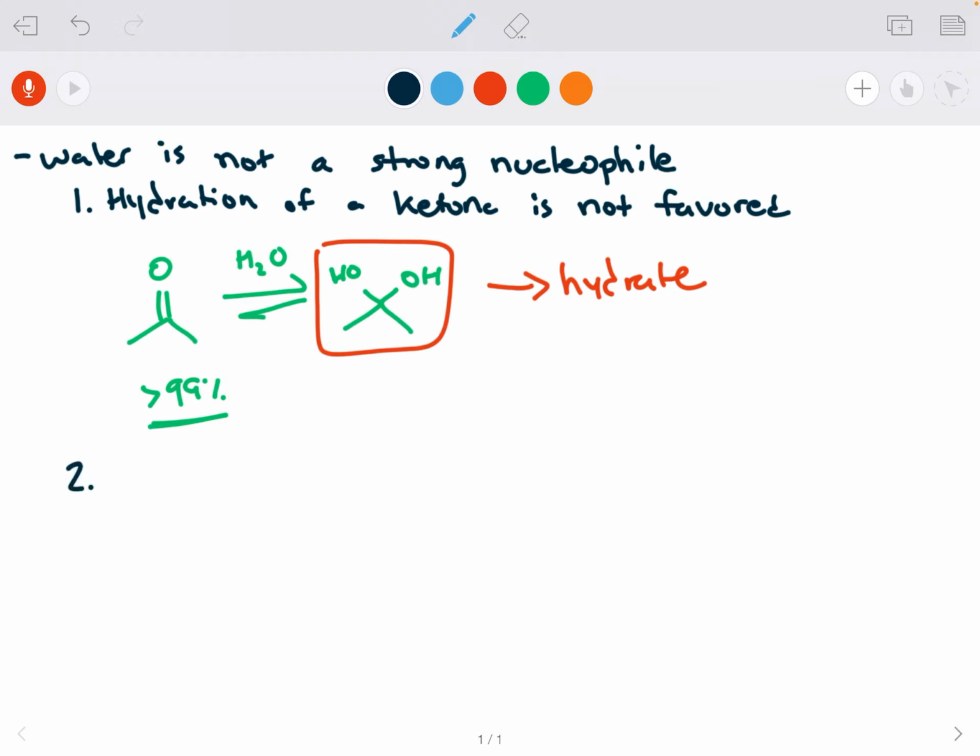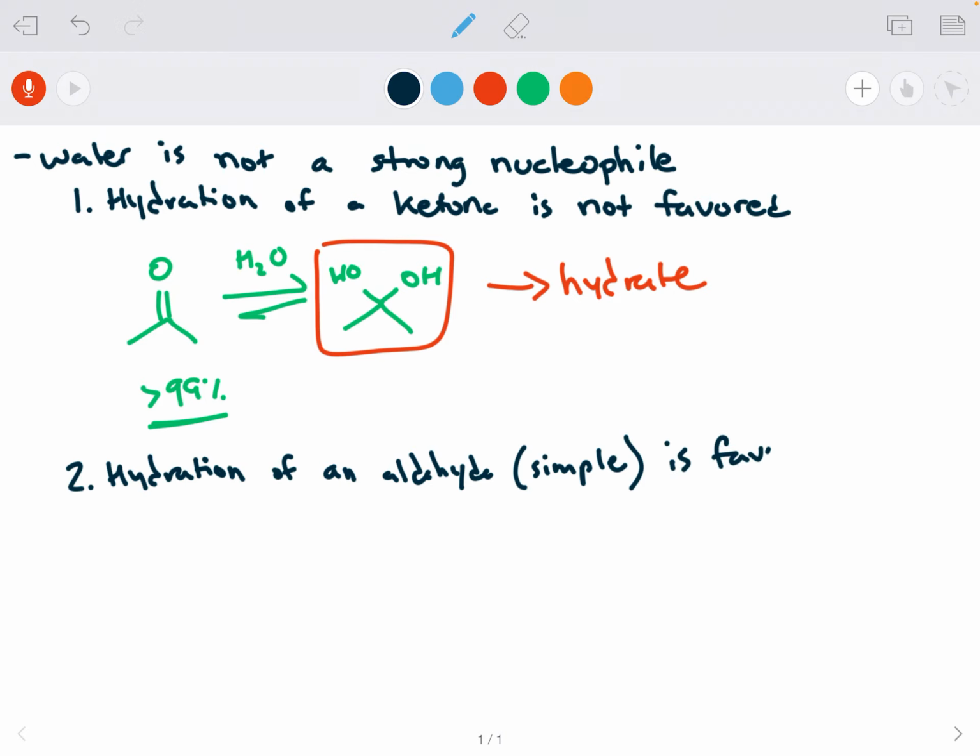However, the hydration of an aldehyde, and specifically a very simple aldehyde like formaldehyde, is favored, and is strongly favored.